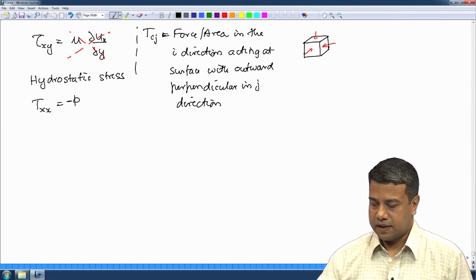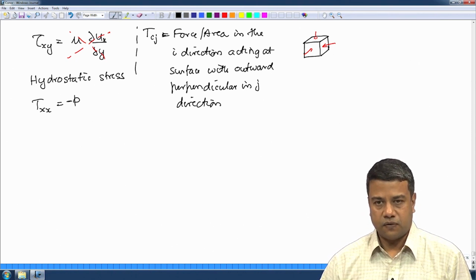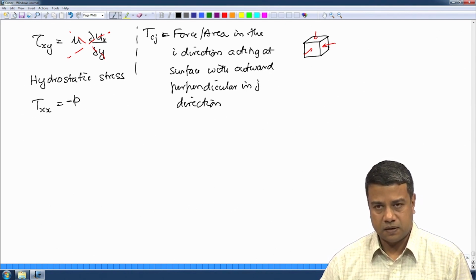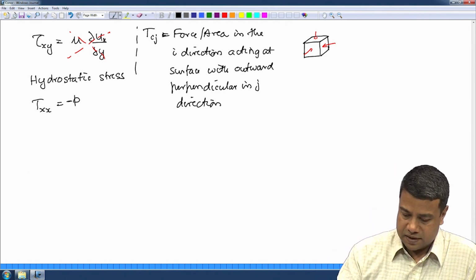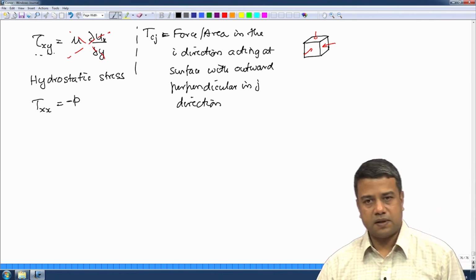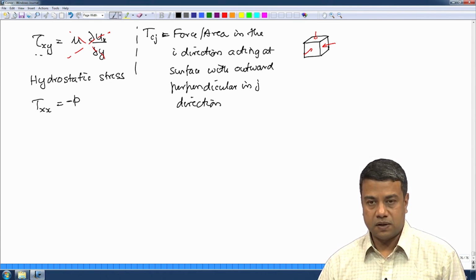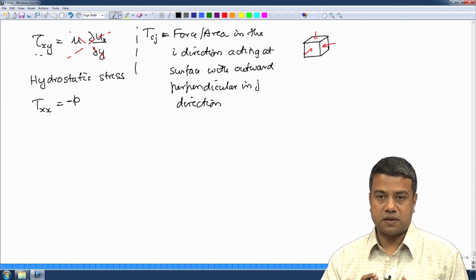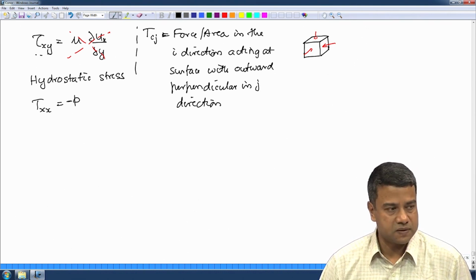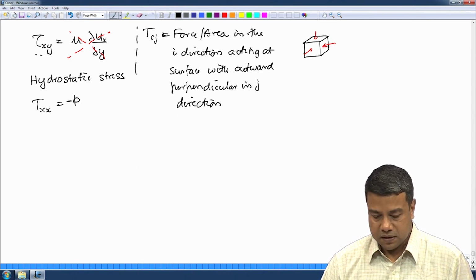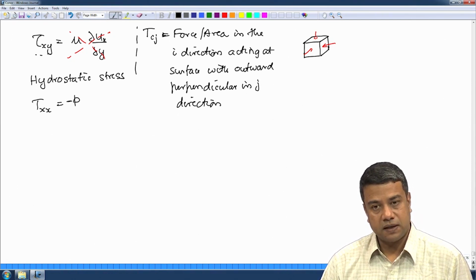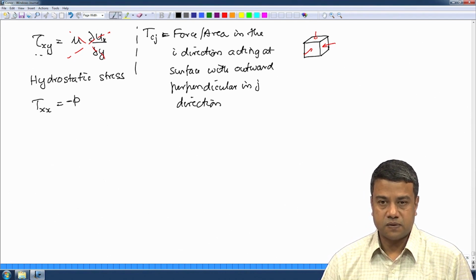The force per unit area acting at the surface, force is in the i direction, the unit normal is in the j direction. So, for example, in the earlier case the momentum was in the x direction, that is the force was exerted in the x direction, and the unit normal to the surface was in the y direction. So, Txx is the force per unit area in the x direction acting at a surface whose unit perpendicular is in the x direction.